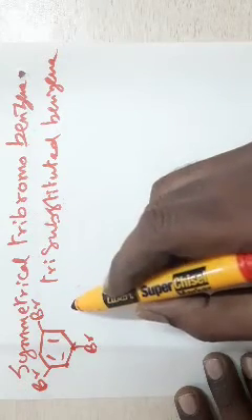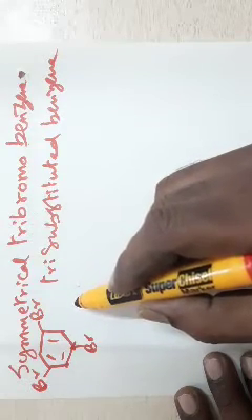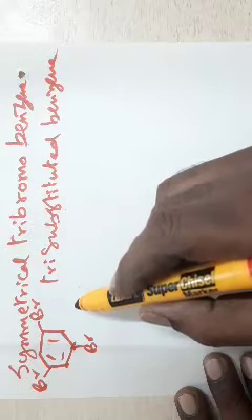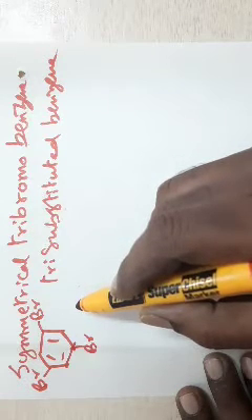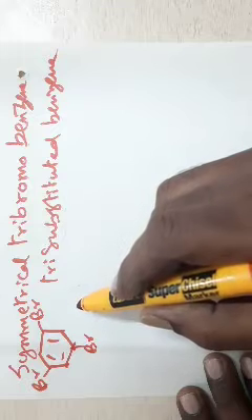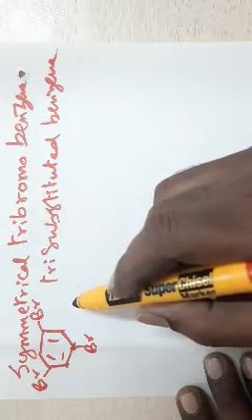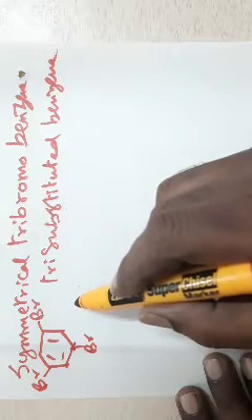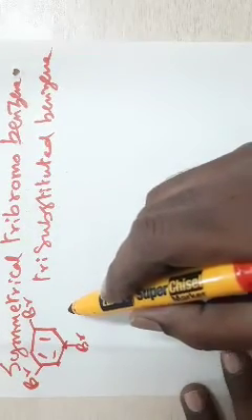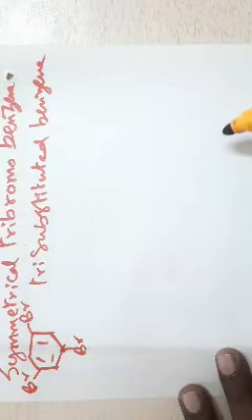So we have substituents with a pair of electrons. They are highly activating the aromatic ring and they are ortho-para directing. If we have such a substituent, then all the ortho and para positions are substituted. So this molecule is not having any substituent.